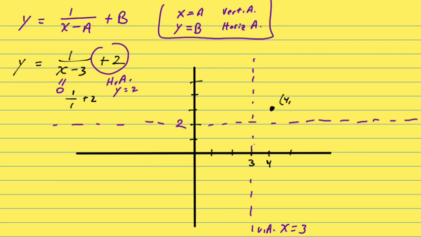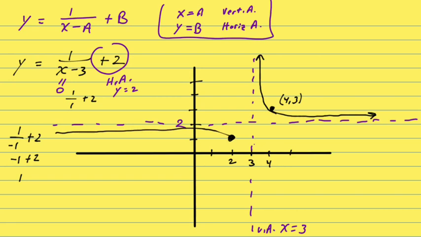So 4, 3 is above the line y equals 2, so it has to curve from asymptote towards asymptote. And if you put in a 2, 2 minus 3 is negative 1, plus 2 is 1, so it's going to go through 2, 1, and also curve from asymptote to asymptote.